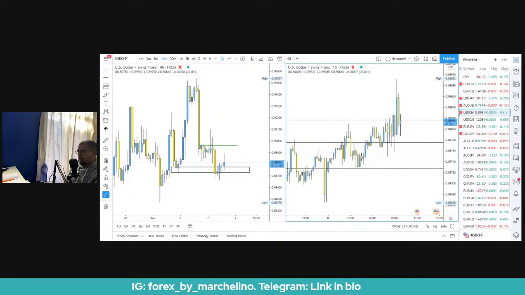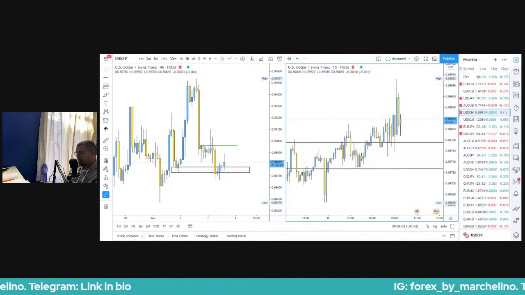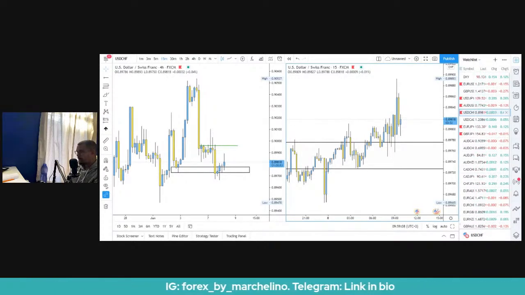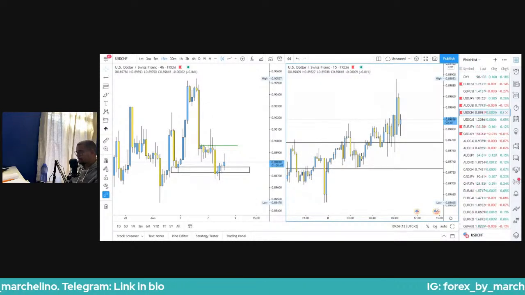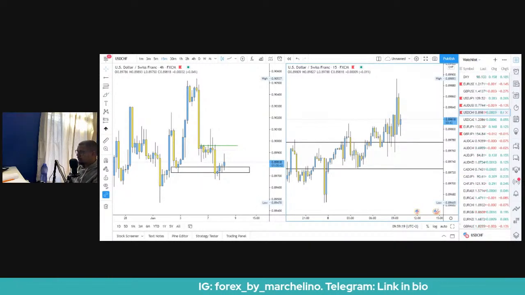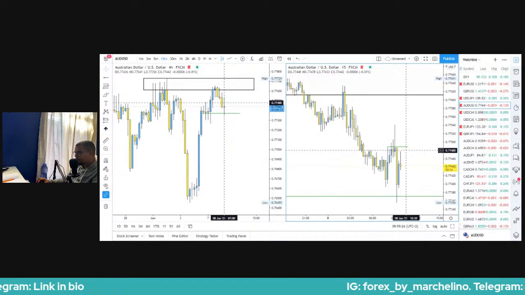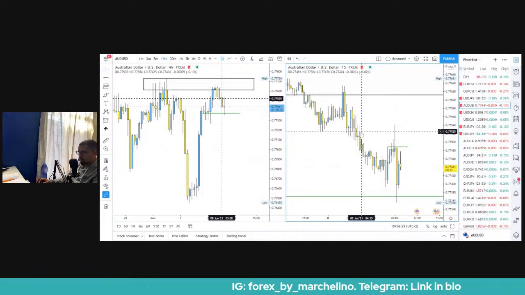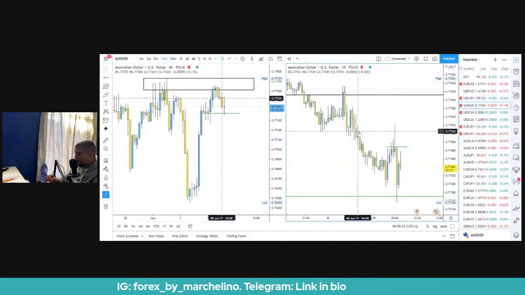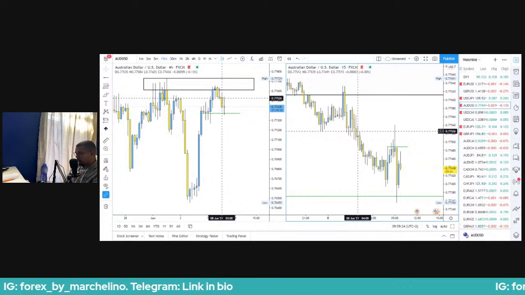Okay, here's the plan. Buy USD CHF on buy opportunities. Sell AUD USD on sell opportunities whenever we get that opportunity. That's the plan, guys, for the next hour or so. Whenever we get the opportunity, we're doing that. That's what we're doing. We focused in mostly on those two pairs. Hopefully we can get a momentum candle on AUD USD.